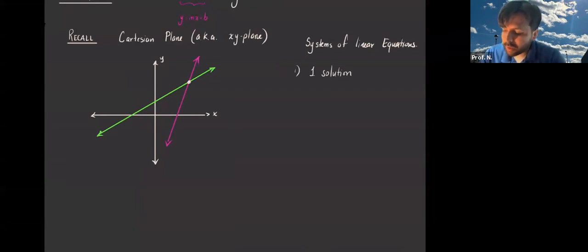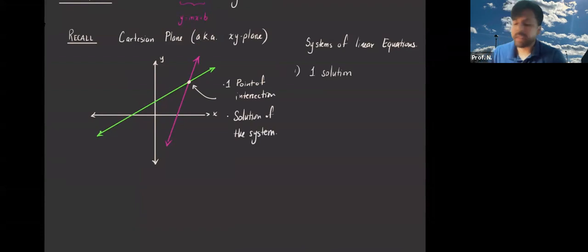That point is not just a point of intersection, it is actually called the solution of the system. It solves the system, which means it makes the equations true. One solution is one point of intersection.